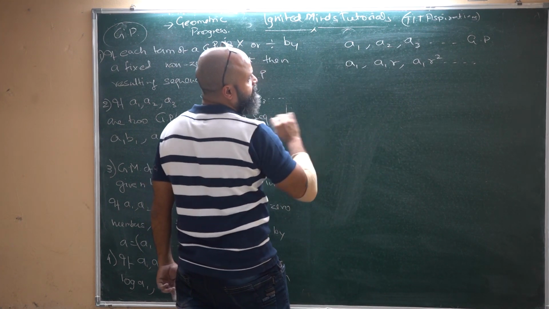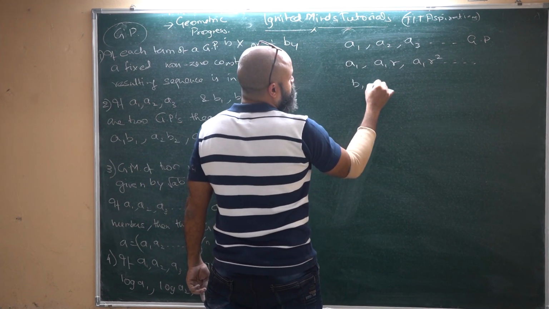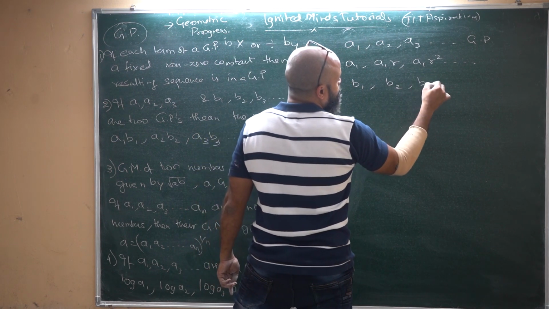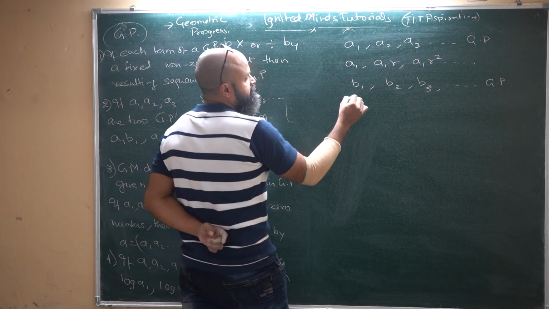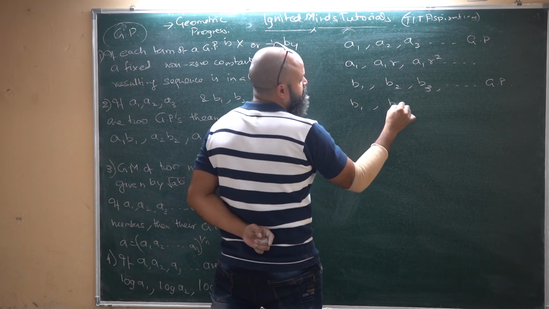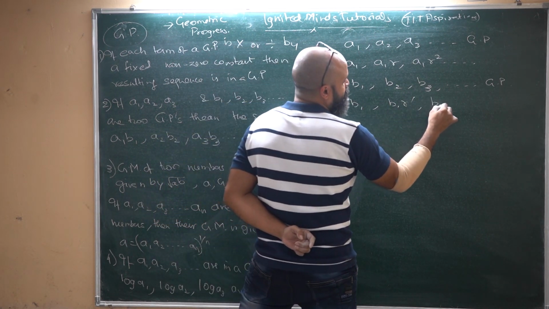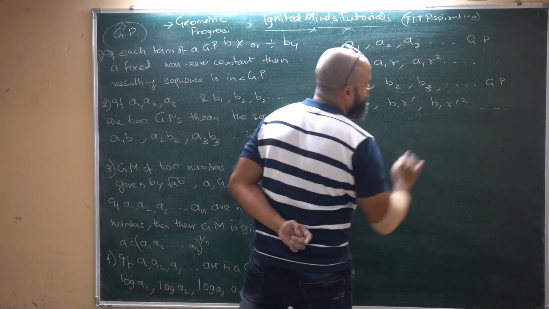This is the other way of writing it. And again we have B1, B2, B3. This also happens to be a geometric progression. Let's say the first term here is B1. We can write this as B1, B1R dash, B1R dash square and so on and so forth.